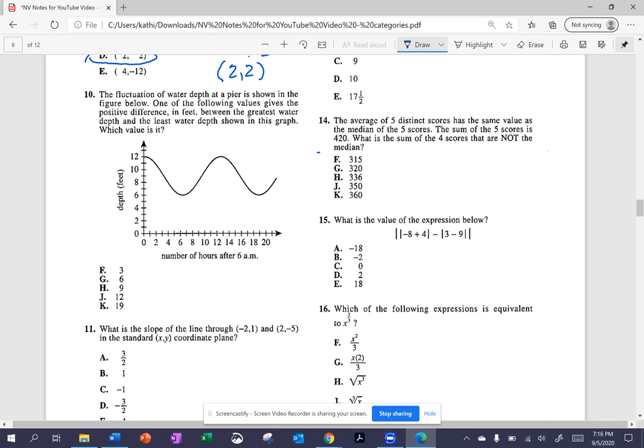So this is just asking me to subtract the maximum minus the minimum. So taking a look, here's my maximum, here's my minimum. So a positive difference means subtract. So I'm just taking 12 minus 6, which is 6. So positive difference means I guess it would be taking the absolute value.